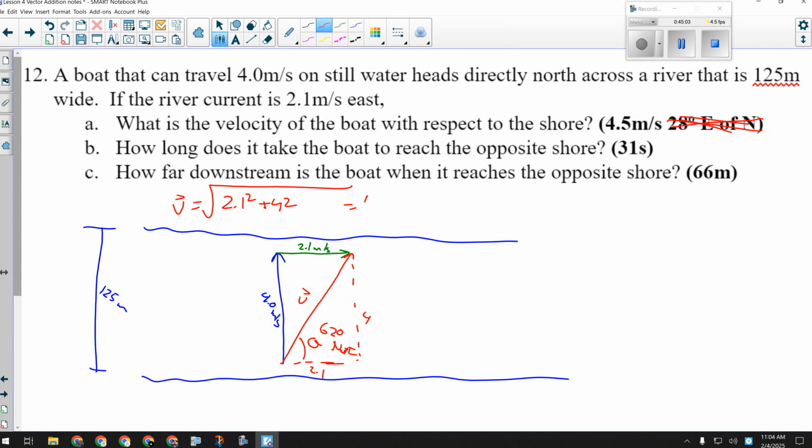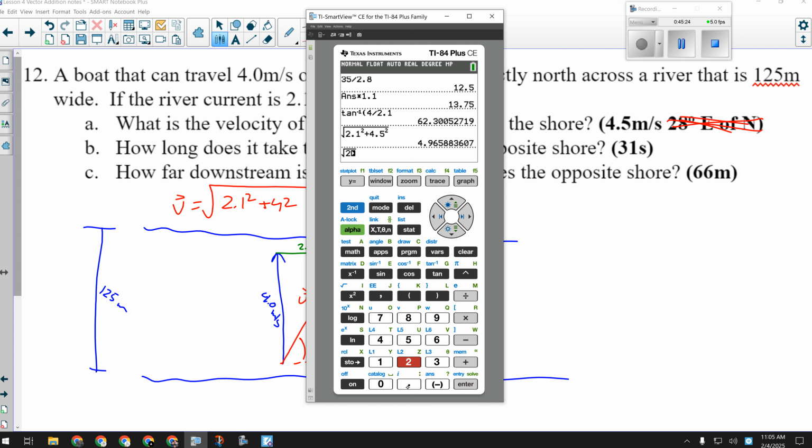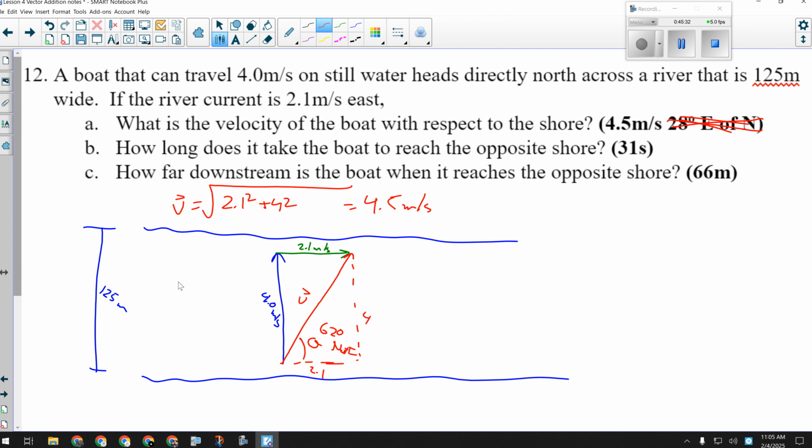That's going to give us 4.5 meters per second. Oh, why did I put 4.5 squared in there? That's the answer. All right, questions on part A?